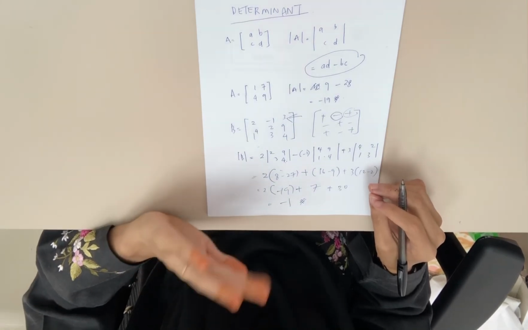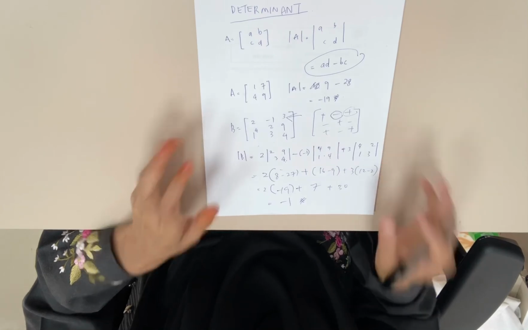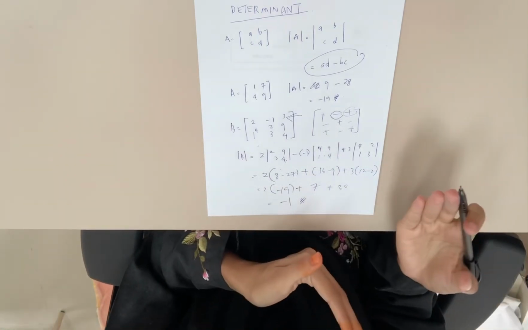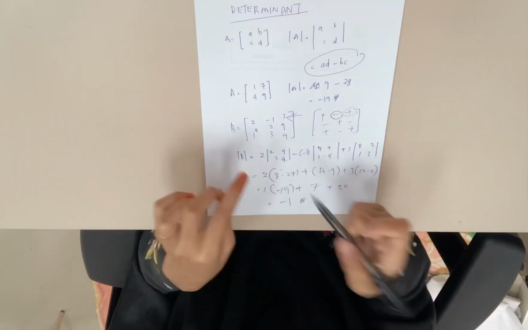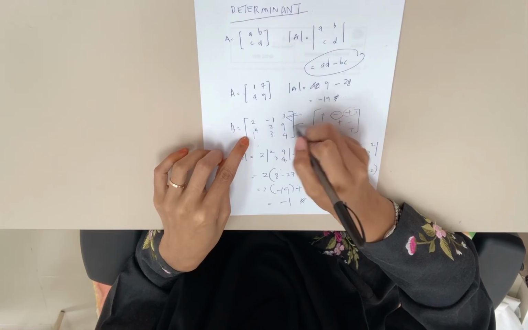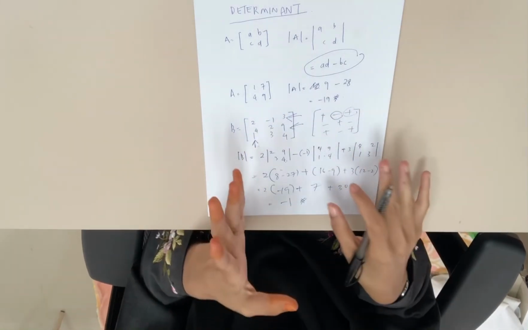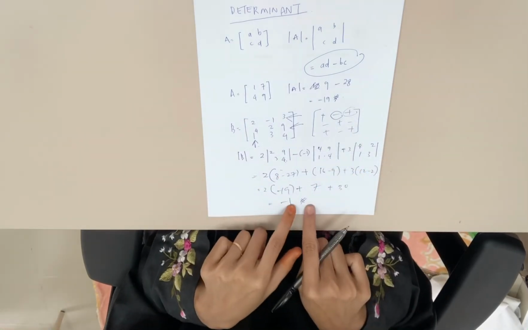Just now I chose row number 1. Like I said, you can choose any row, any column. Maybe you can try after finishing this video. You can try picking row number 2 or column number 1. I want you to try, and then compare with my answer.